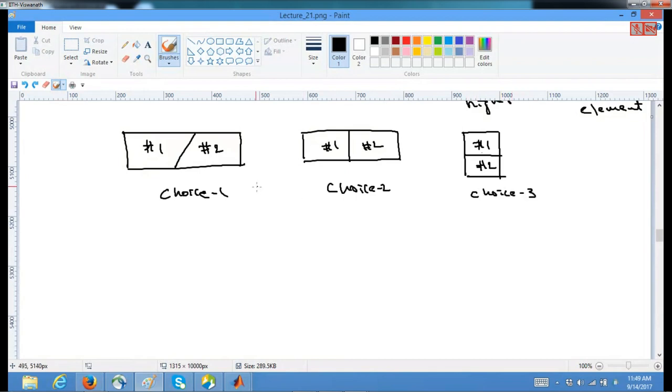Choice 1 I'll do later, but let's focus on these by taking an approximation.